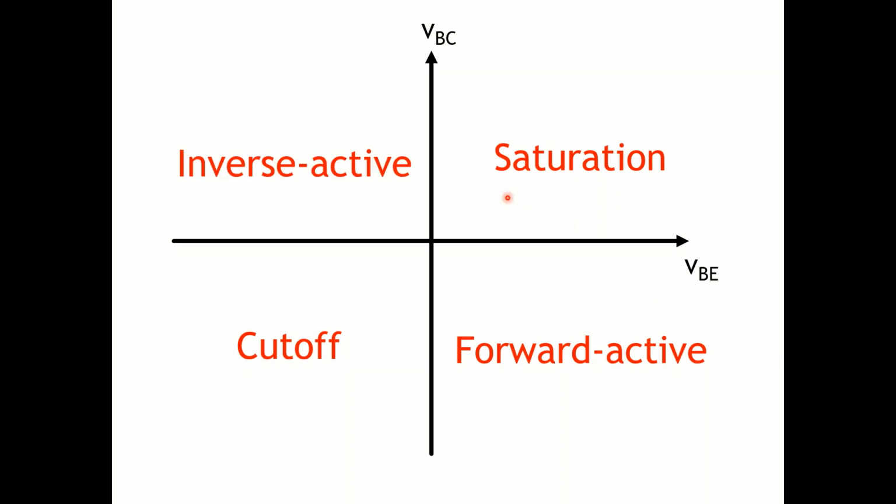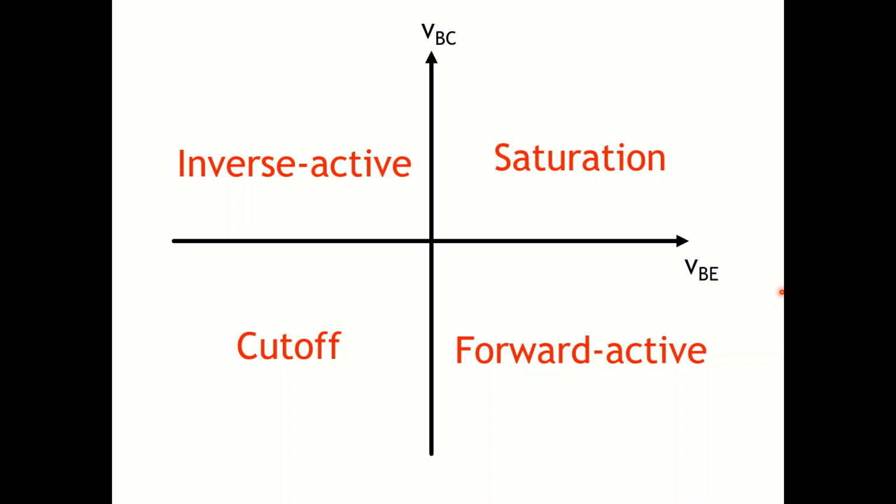The last mode of operation is called inverse active. In this mode, basically the BE junction is reverse biased and the BC junction is forward biased. So basically it's reversed.